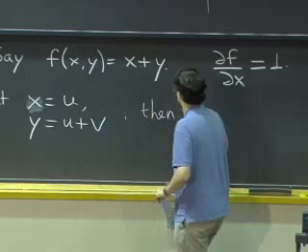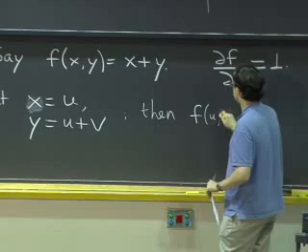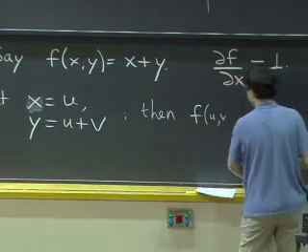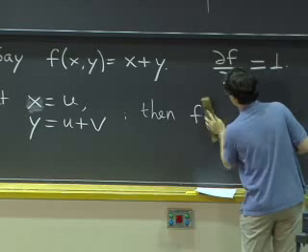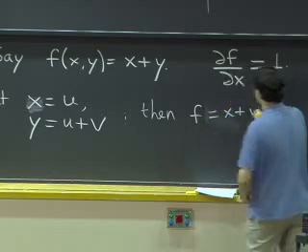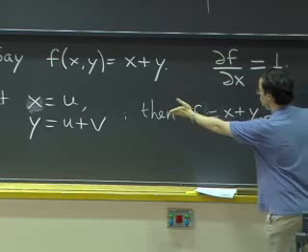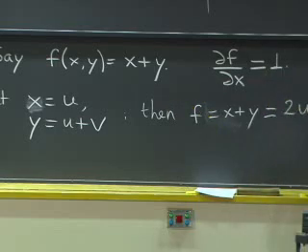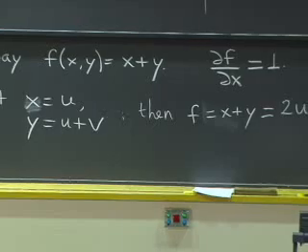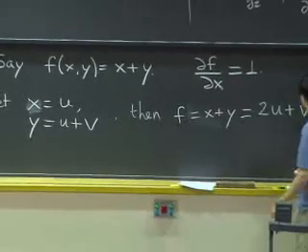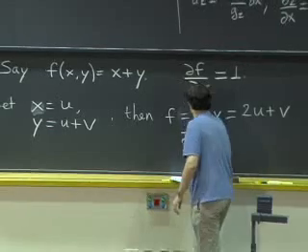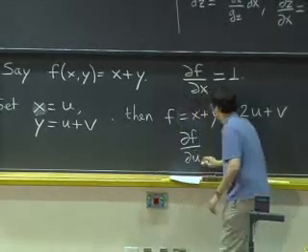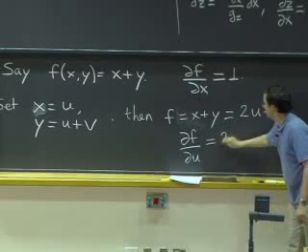Then f in terms of u and v, well, f, remember, was x plus y, becomes u plus v. That's twice u plus v. What's partial f over partial u? It's 2.